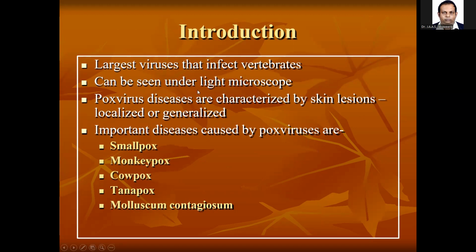Due to their largeness, we can see them over the light microscope as well, as tiny molecules. Poxvirus diseases are characterized by skin disease, either localized or generalized. Important diseases caused by poxviruses are smallpox, monkeypox, cowpox, orf, and molluscum contagiosum.